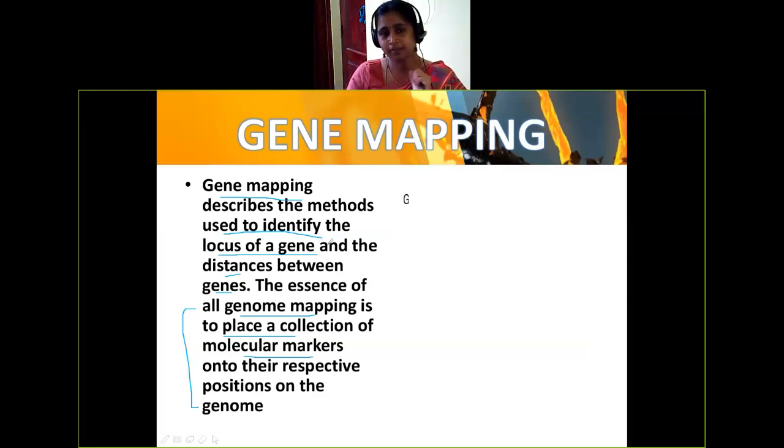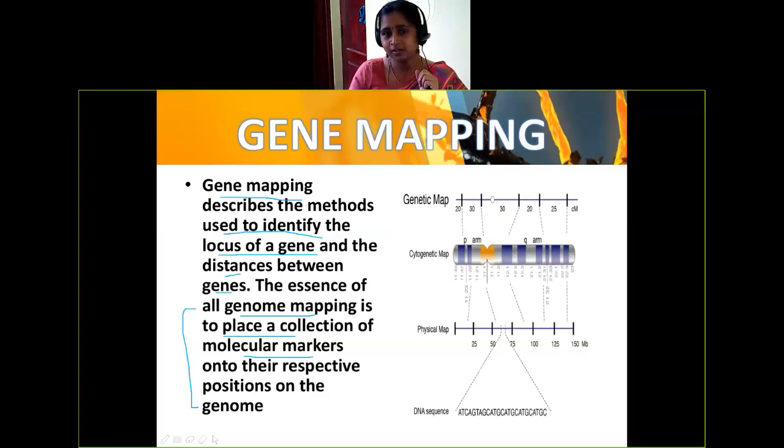I'll show you the picture. In the gene map, if this is the chromosome, we call it a cytogenetic map, and this is the physical map for our reference. It's like saying 1 liter of milk, 2 liters of milk. This is 25 Morgan or 60 centimorgan. It's a physical unit we call it. And this MB represents molecular bases, nothing but the base pairs.